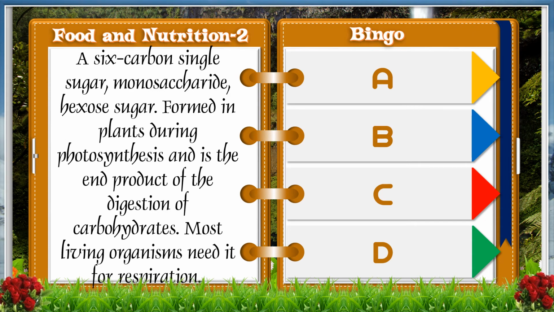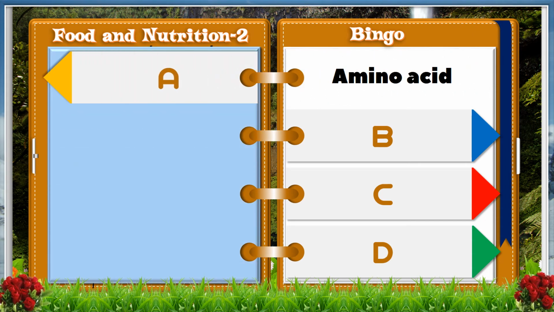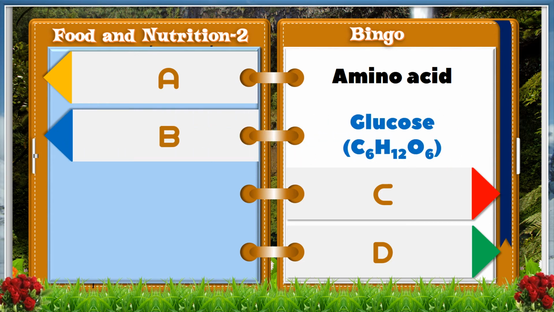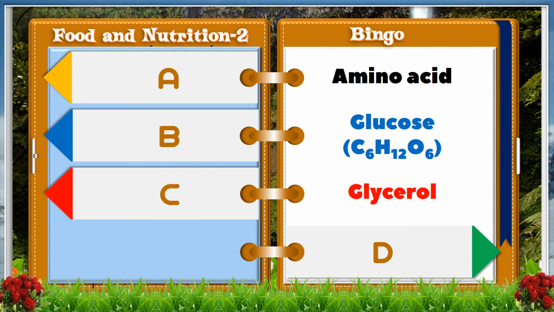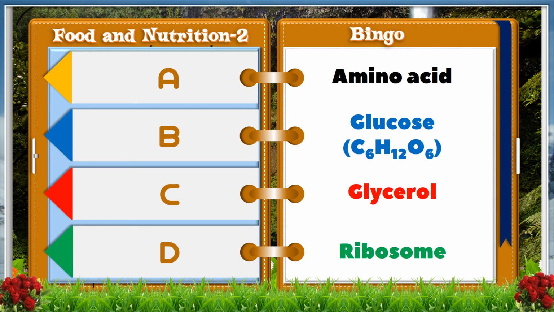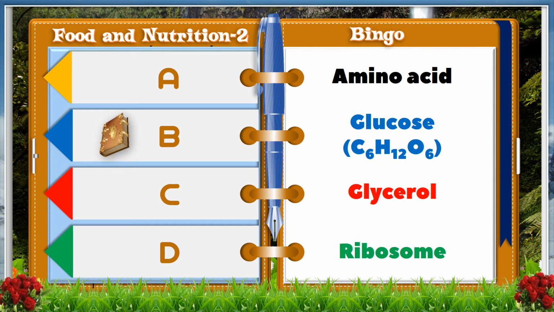A, amino acid. B, glucose. C, glycerol. D, ribosome. And the answer is B, glucose.